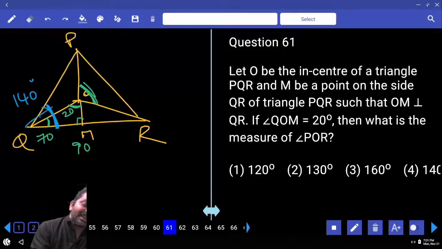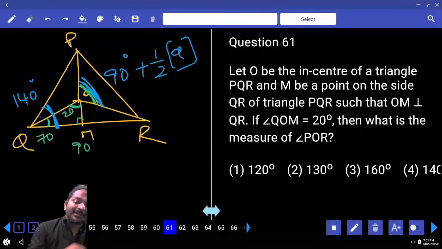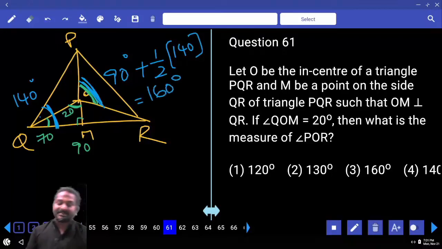Now, if you were asked to calculate the opposite angle at center O, what must be the angle at POR? 90 plus half of angle at Q. What is angle at Q? 140, and half of it is 70. 90 plus 70 is 160 degrees.